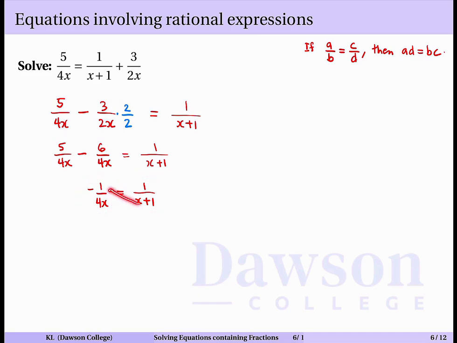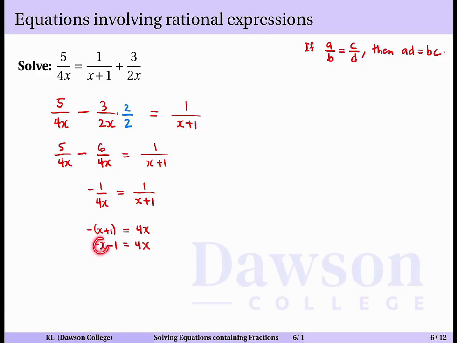We can now cross multiply. So doing that, we will have negative of x plus 1 equal to 4x. Or that we will have negative x minus 1 equals 4x.